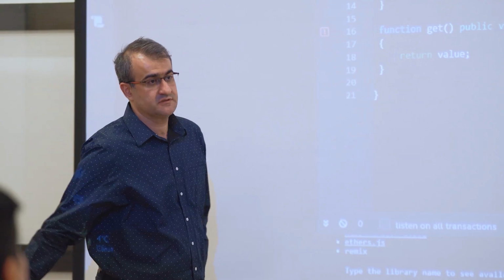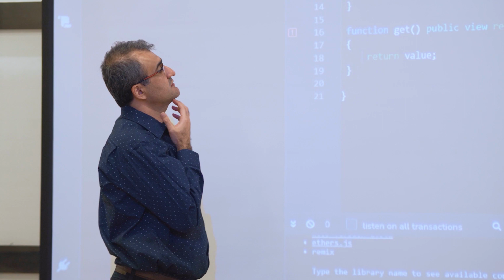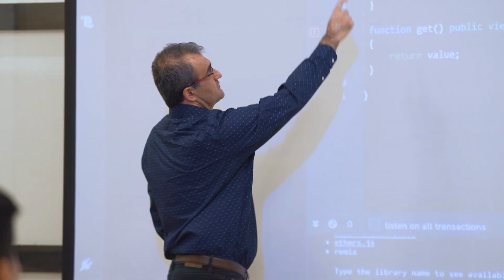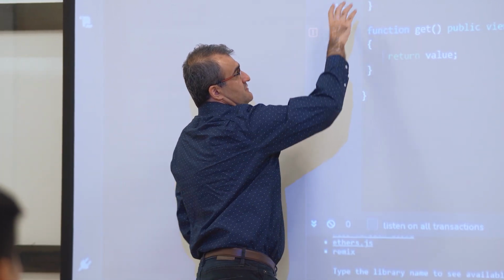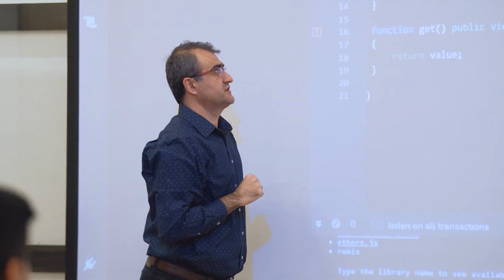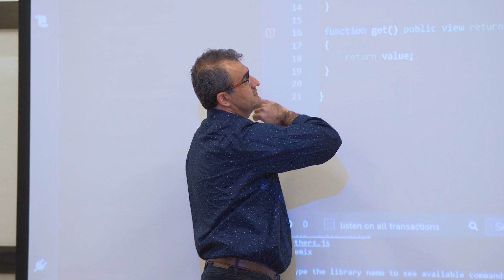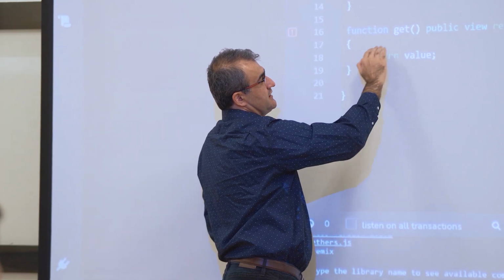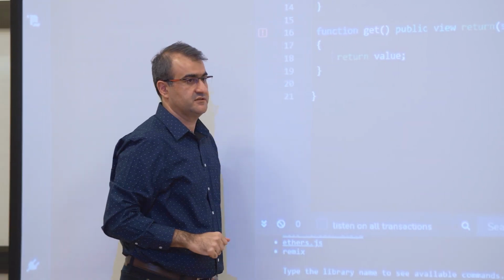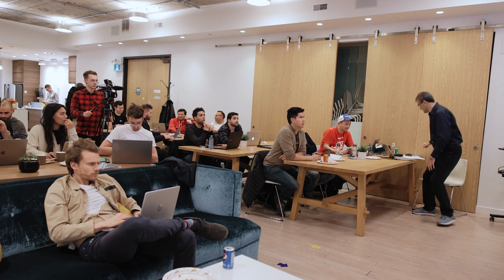We put hello world in that variable. We created two functions, one for setting the data in that variable and one for getting that data from that variable. That's very basic code. Is it clear? It's clear enough? Okay, thank you.